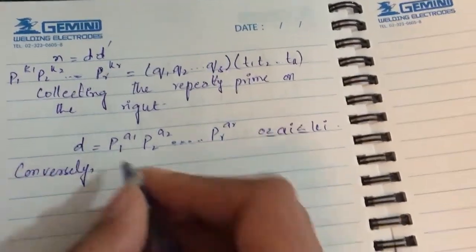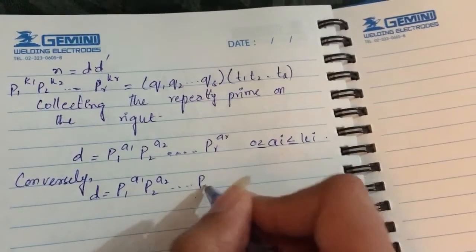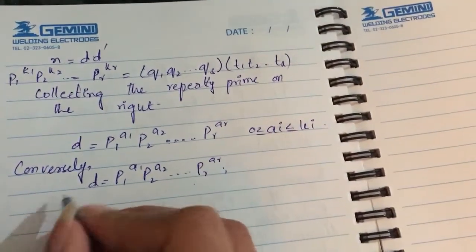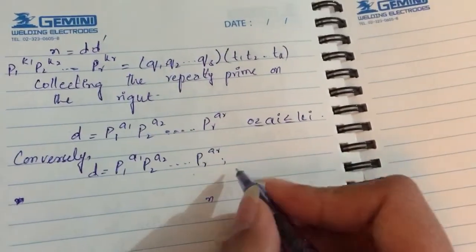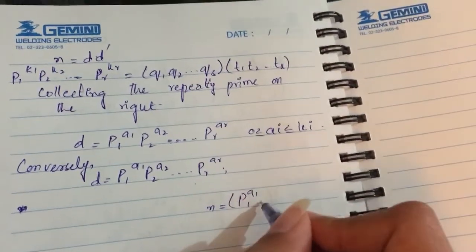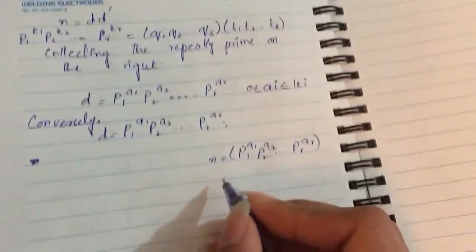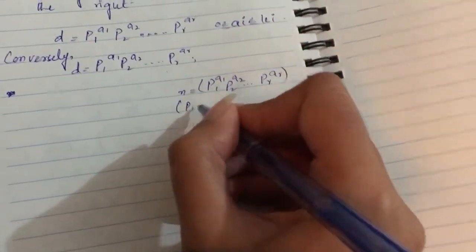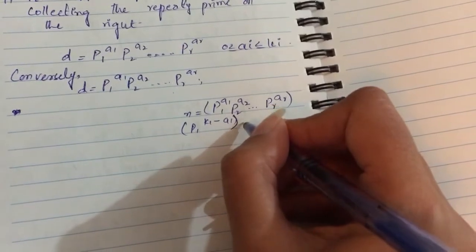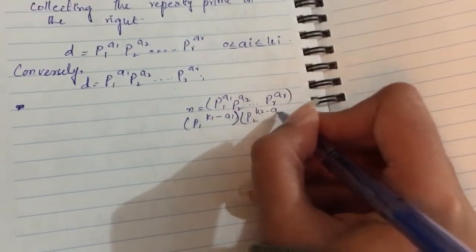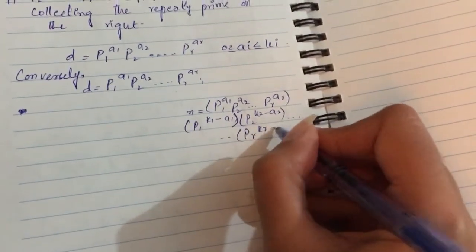Now conversely, if d equals p1^a1 p2^a2 up to pr^ar, then n can be written as p1^a1 p2^a2 up to pr^ar multiplied by p1^(k1 minus a1), p2^(k2 minus a2), and so on up to pr^(kr minus ar).